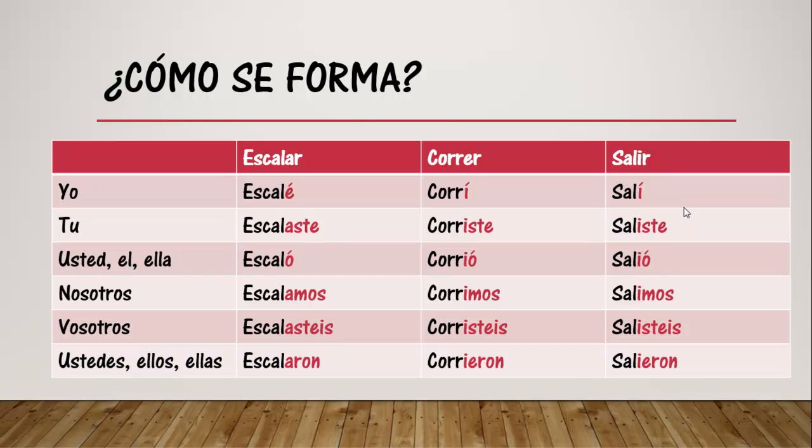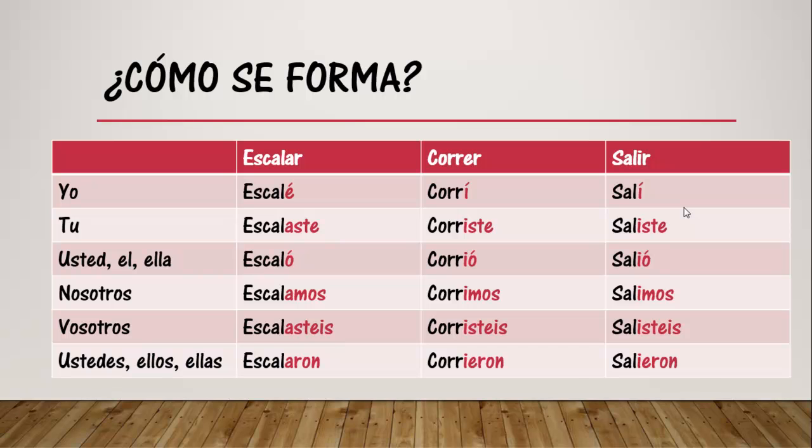It's pretty easy. Just like in the present tense, we take off the ending of our verb, which is always either AR, ER, or IR, and we add a new ending. So for our AR verbs, we're going to take off the AR ending, and for each of our subject pronouns, we will add a different ending. So for the yo form, we will add é with an accent mark. So escalé, for example.